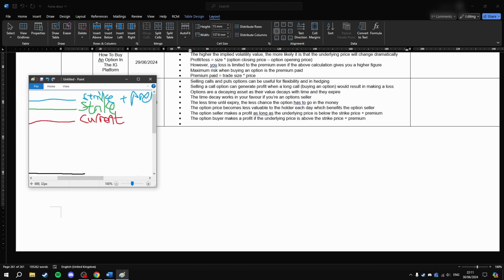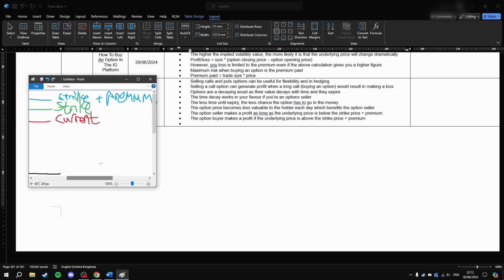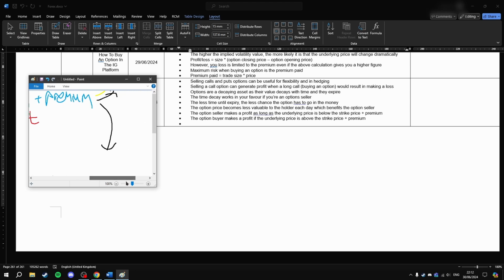And the explanation: when you buy a call option, you're hoping the market goes above your strike price and the premium, so you can buy it at a cheaper rate than the underlying market price. That's basically a profit right there, because then you can sell it at a higher price. Right, okay. Buy it cheaper than the current market price. That's when you buy a call option.